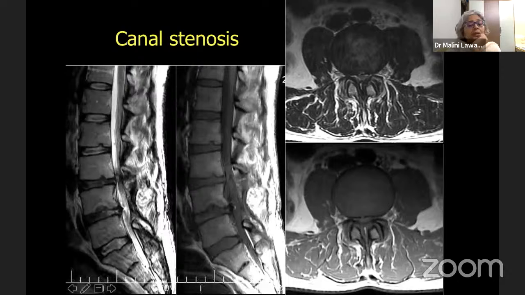Now, there could be canal stenosis. For example, here, if I look at the AP dimension of this spinal canal on T1 weighted image, it's very narrow. Again, here, if I look at the AP dimension, it's this narrow. So due to developmentally short pedicles, you may have bony spinal canal stenosis.